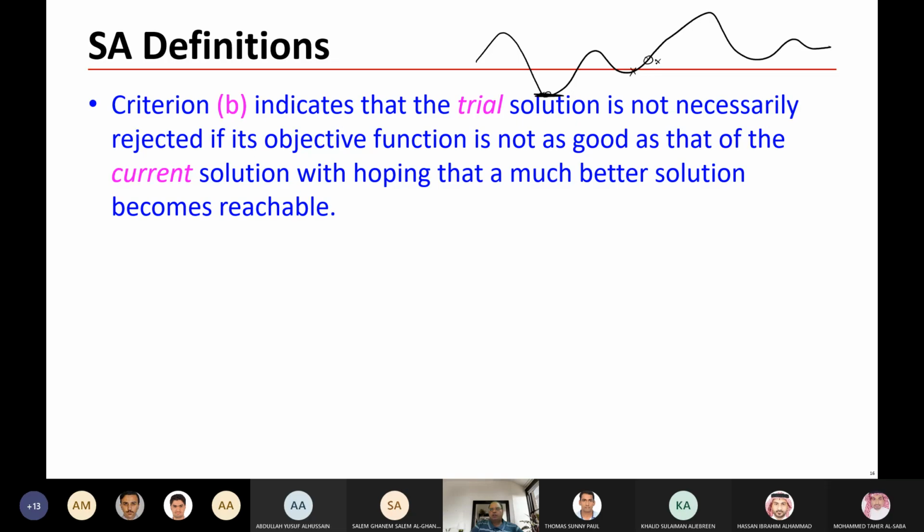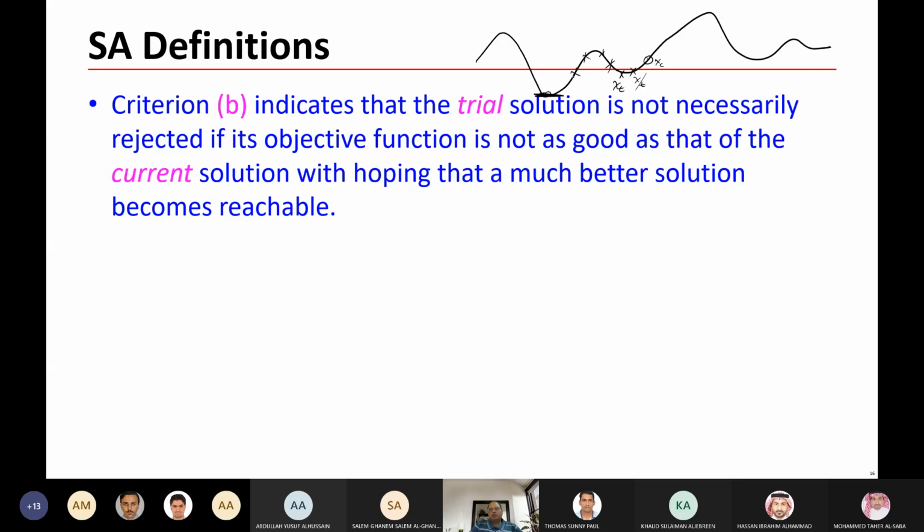This is the current solution, XC, and you reach XT. Definitely XT will be accepted. If you go here, still XT will be accepted. And if you go here, this solution is worse than this solution, am I right? You can still accept it, hopefully going through the neighborhood of this one.